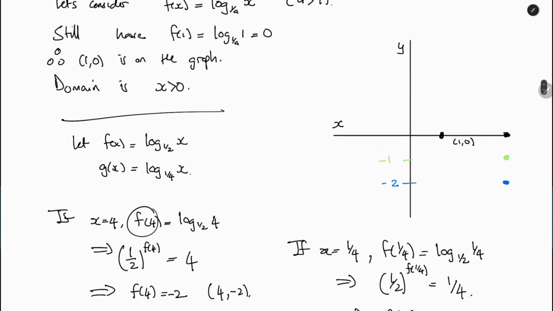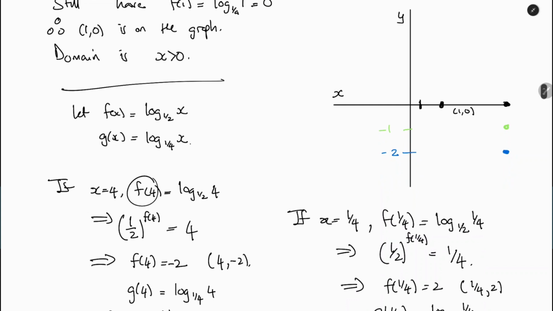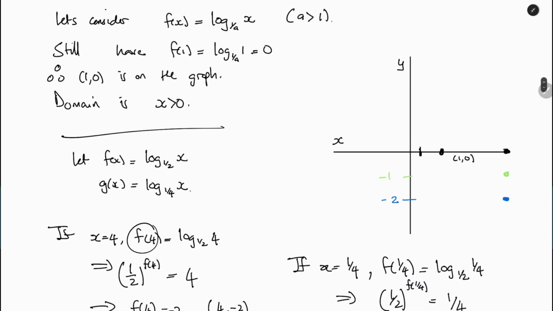So where's a quarter on this graph? It's at about there, and then f is going to be 2. So let me do that point in blue, and at g it's going to be 1.